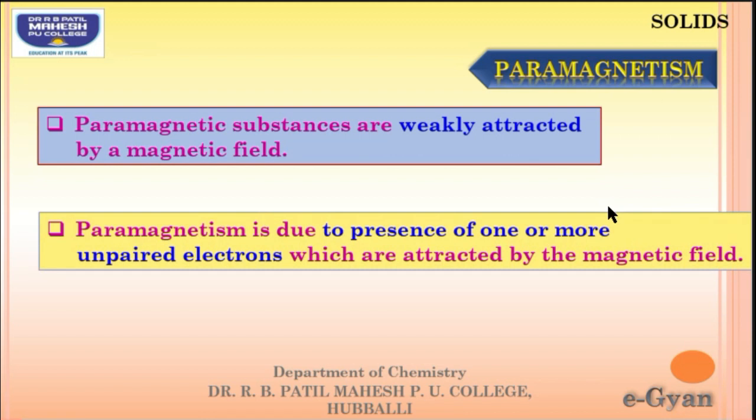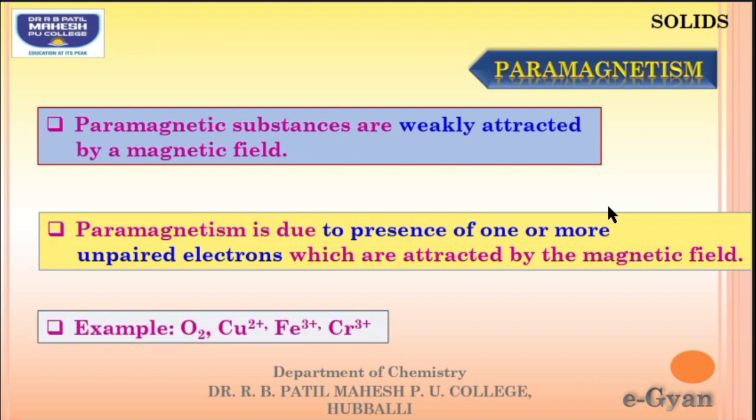So paramagnetism is due to the presence of one or more unpaired electrons which are attracted by the magnetic field. As the number of unpaired electrons increases, the magnetic property will also increase. Examples: oxygen, Cu2+, Fe3+, Cr3+ oxidation states.